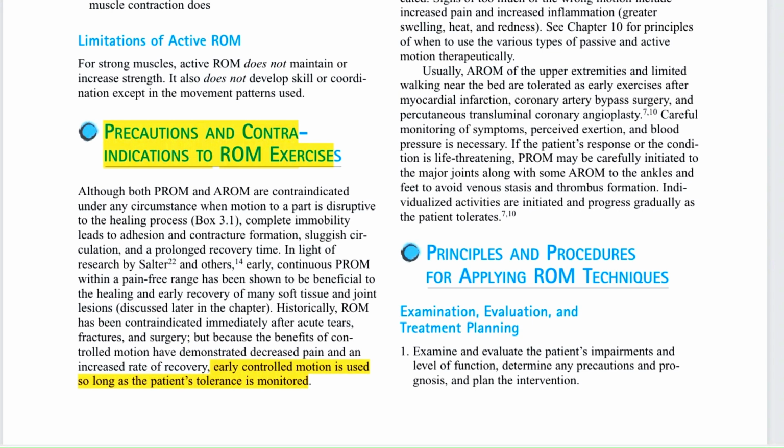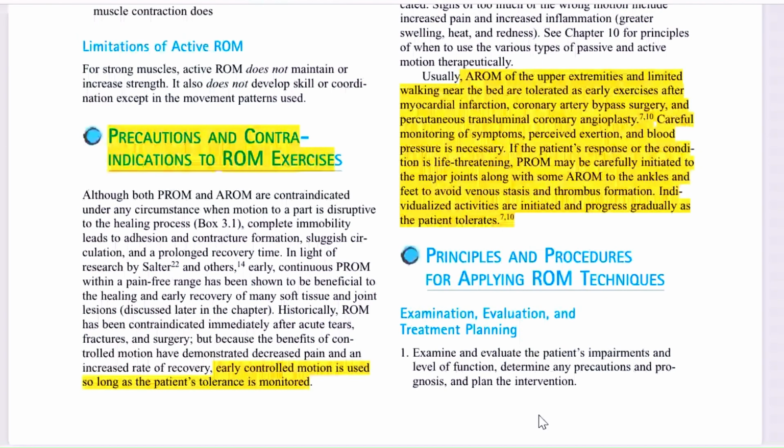So there are some special cases, like range of motion after cardiac surgery or heart attack. In this section, we are going to discuss that.